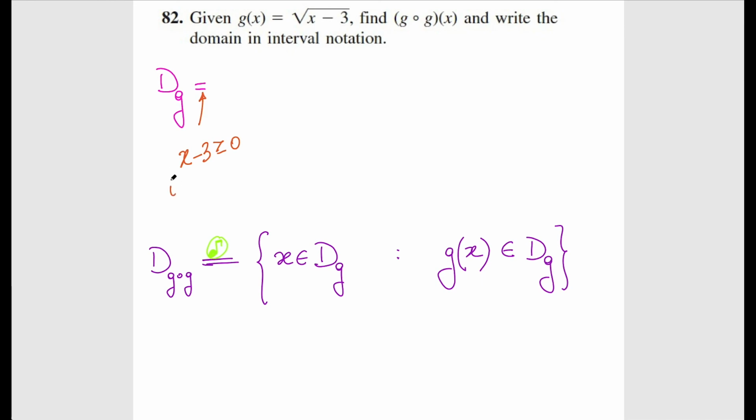And what does it mean for x so that this happens? This means by adding 3 to both sides that x is at least 3, right? Agree with this? So the domain of g then is all real numbers from 3 onward. Okay, so that's what dg is.